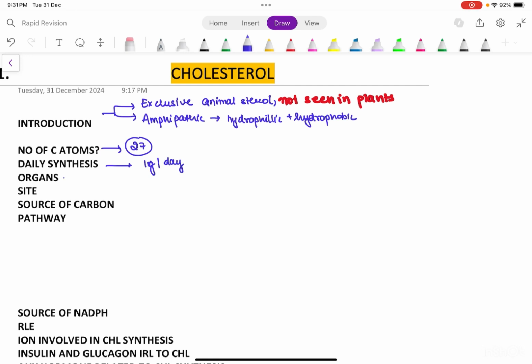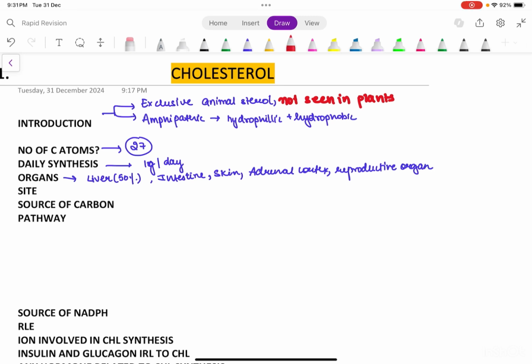All right. Then organs involved. The foremost is the liver, which is 50%. Then we have intestine, then we have skin. Important adrenal cortex and reproductive organs.